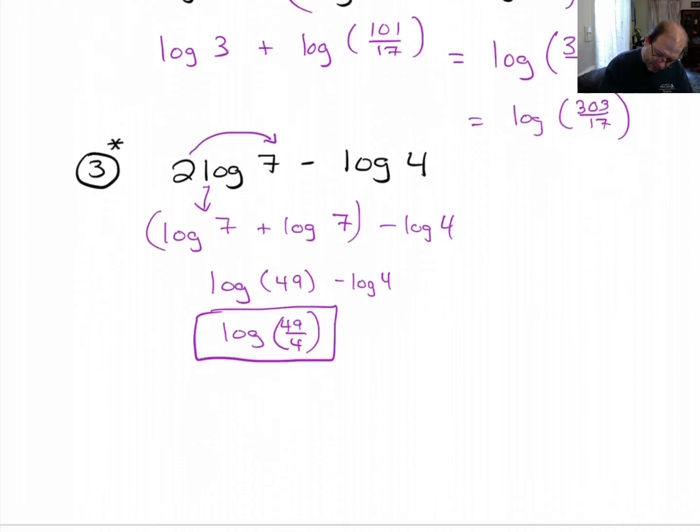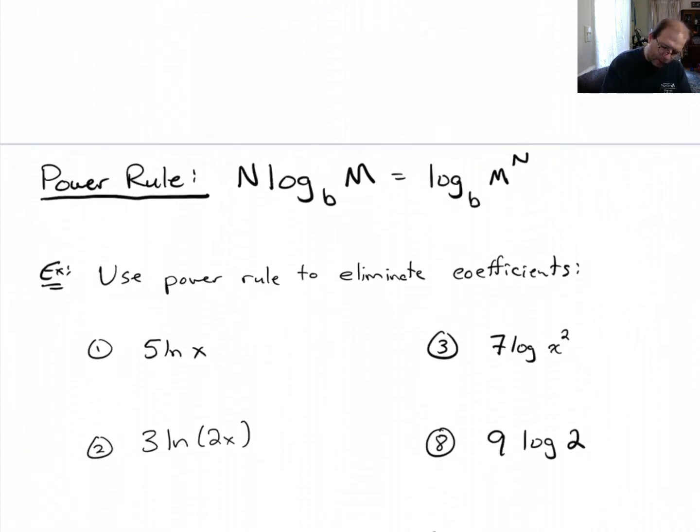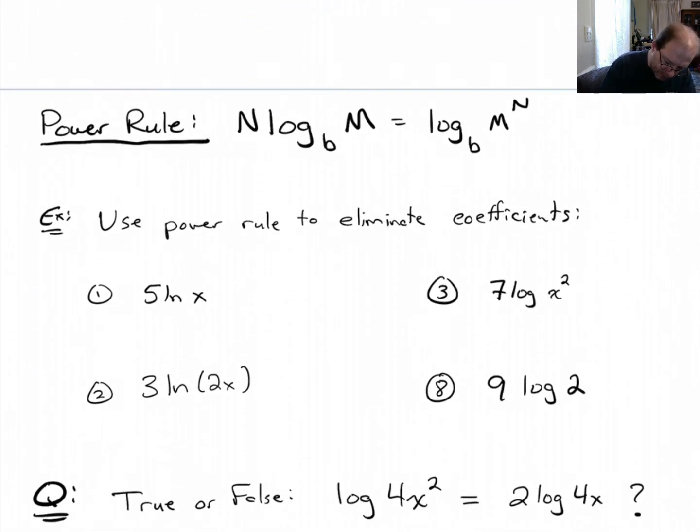All right, but let's look at the power rule. The power rule says this: if you've got a coefficient in front of log base b of n, you can take that coefficient and make it into an exponent. I tend to think of this as hopping upstairs, or if you're going the other direction, hopping downstairs.